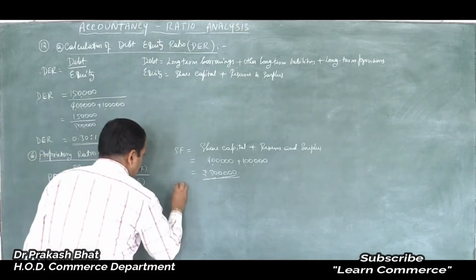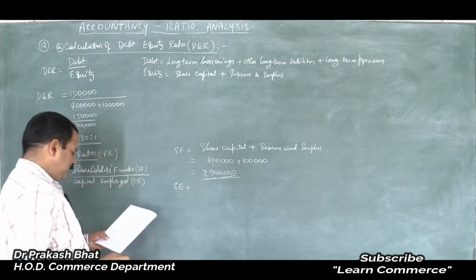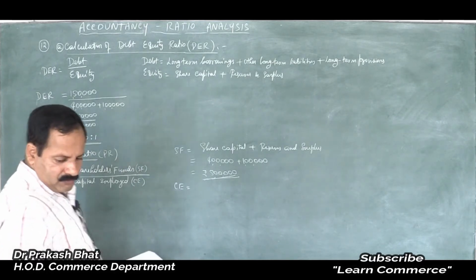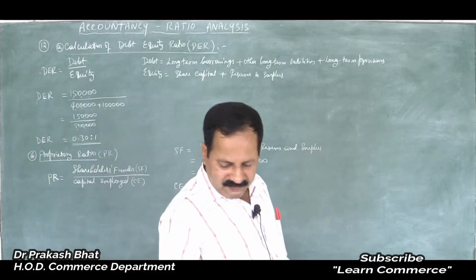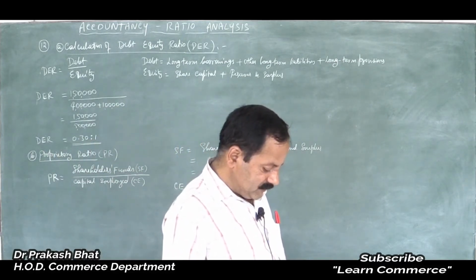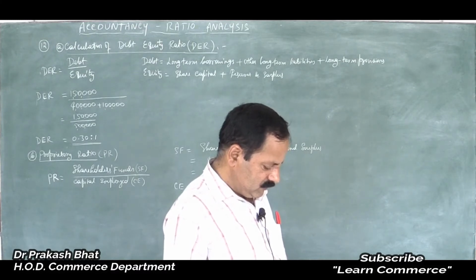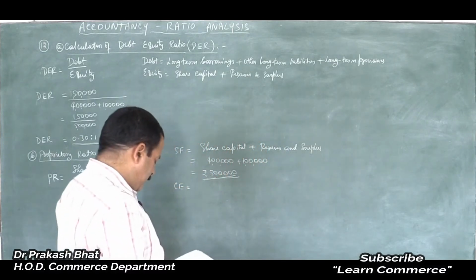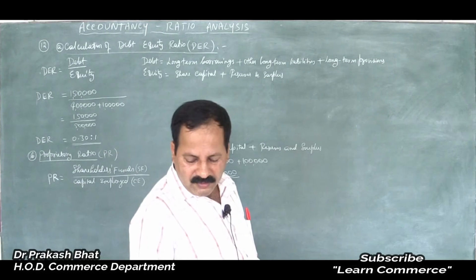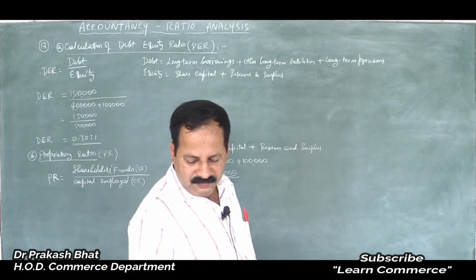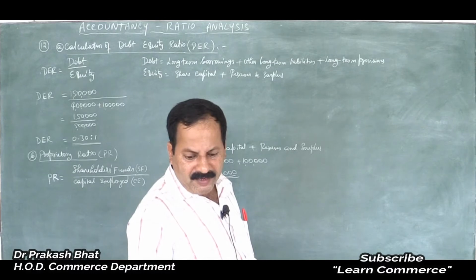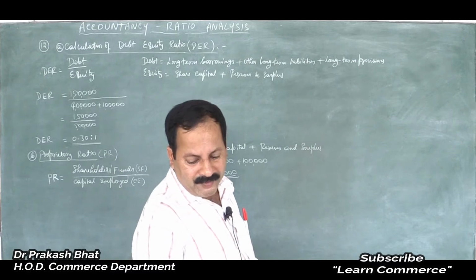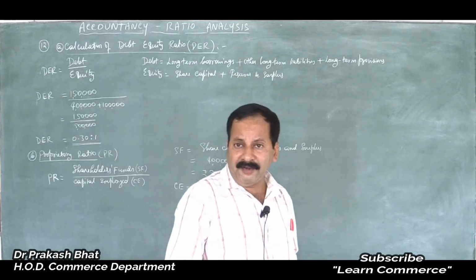Now capital employed is equal to total assets. Share capital plus reserves and surplus is shareholders funds, then for capital employed we take the other part, because that is the amount invested, borrowed funds and owned funds.